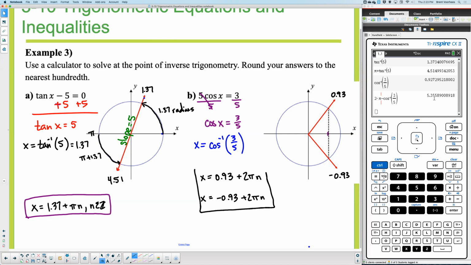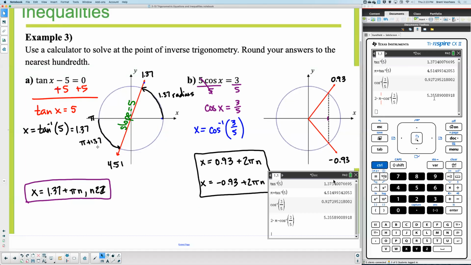That would work for your other solution set. Oh, I forgot to write one thing as part of my answer. I need to tell what n is. It's an integer. N element of the integers. That's what I need to include in there. All right.